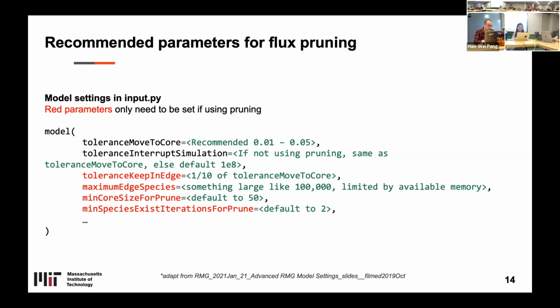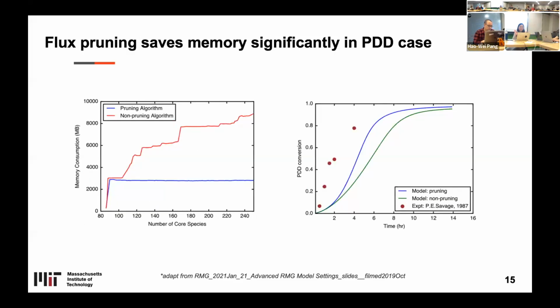Now we're going to look at thermal pruning. Oh, sorry. This is an example of how flux pruning is useful. I think these figures were generated by Mark Payne when he tried to generate the mechanism for phenyldodecane pyrolysis. This shows that if you turn on pruning, it really helps you manage the memory consumption that RMG takes on your system.